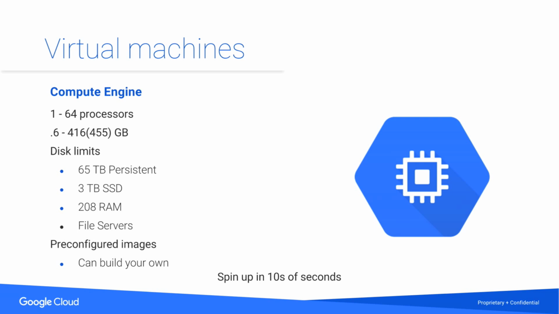You provide persistent disk. And with persistent disks, you also have both standard persistent disk and SSD persistent disks up to 65 terabytes. You can also have local SSD disks up to 3 terabytes in size. You can also have things like RAM disks and file servers on Google Cloud Platform.